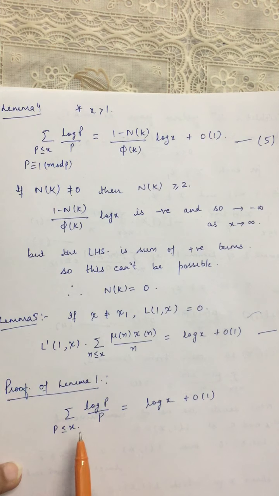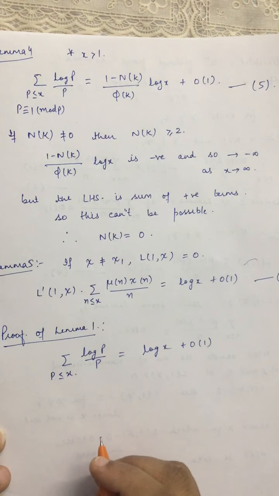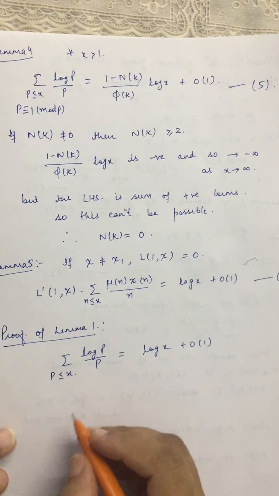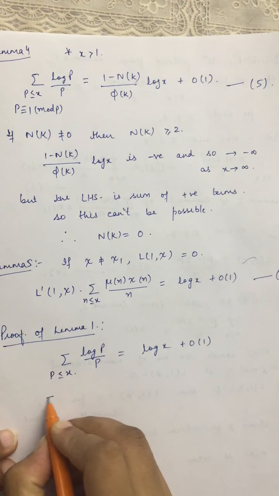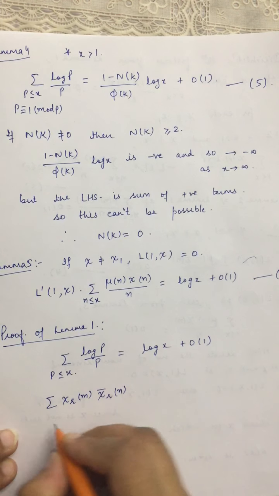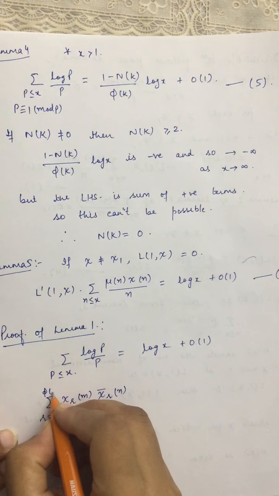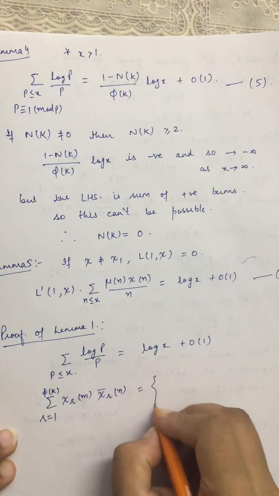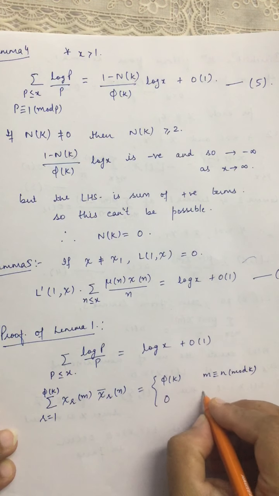Now we extract all those terms which are congruent to h modulo k. This extraction is done with the orthogonal relation which we have proved for Dirichlet characters. We have proved this result: summation chi r at m and chi r bar at n, where r is varying from 1 to phi k, is just phi k if m is congruent to n modulo k and 0 otherwise.